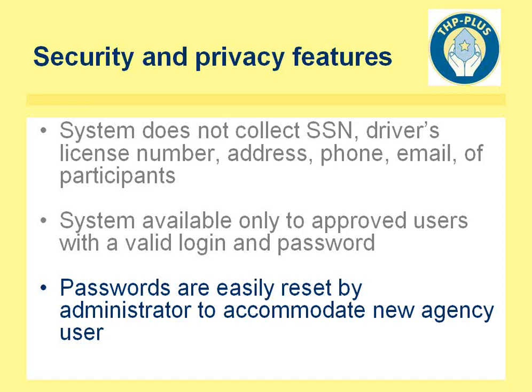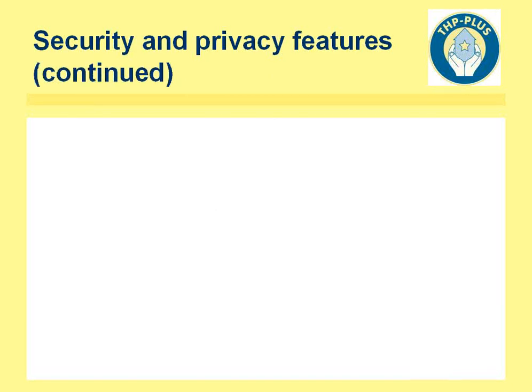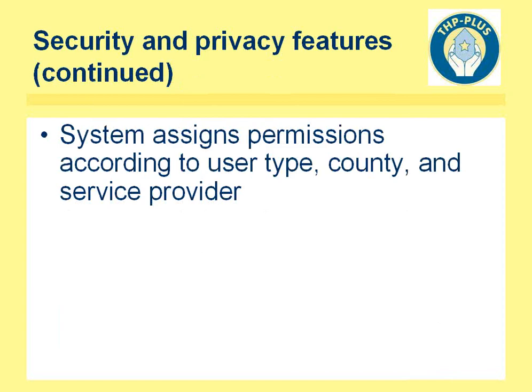The way the system works is that permissions are assigned according to the user type, according to the particular county, and according to the service provider of the account which is assigned to the user. If somebody is coming from a particular county as a county level user, that person can only see participants served in that county, and can make no changes to the data, can read data only.